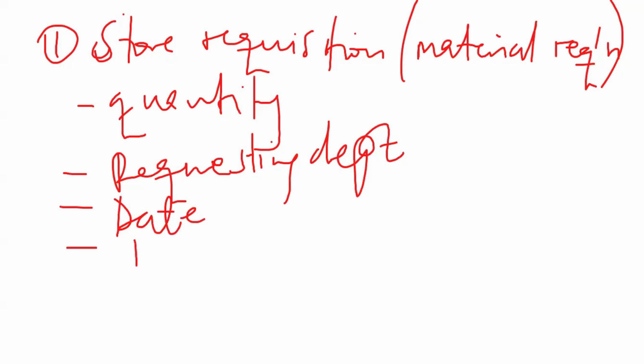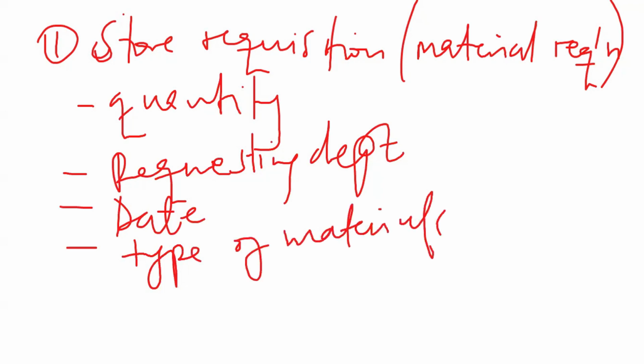Then secondly, we have to look at the type of the material you've taken, because there are so many materials in the warehouse. So we need to know the type of the material you are taking. So don't waste your time struggling to study some of these things, just have the concept and you'll be good to go, because they will not ask you to give all of these things.